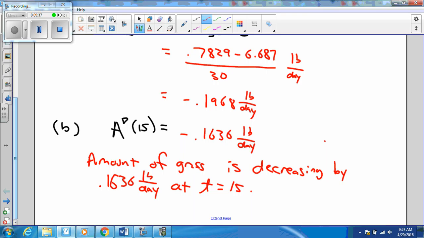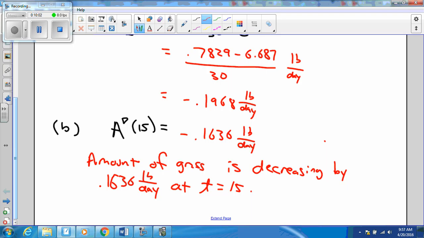It might be the case that your grader would accept the rate of change, but they're asking you to interpret it in the context of the physical problem. So if you say something about A, then you're not telling us what A means in this problem. So I cannot say A is decreasing by, and I can't say that this is the rate of change of A.